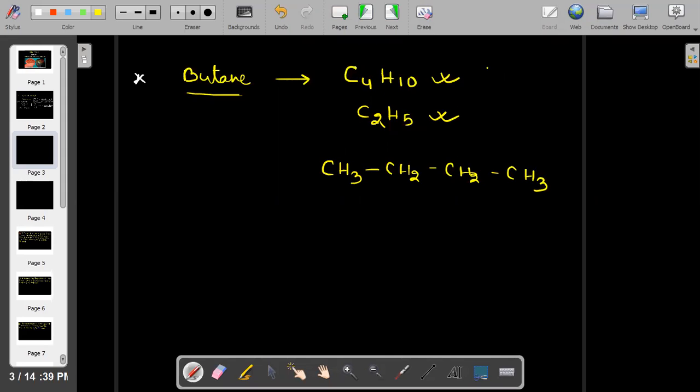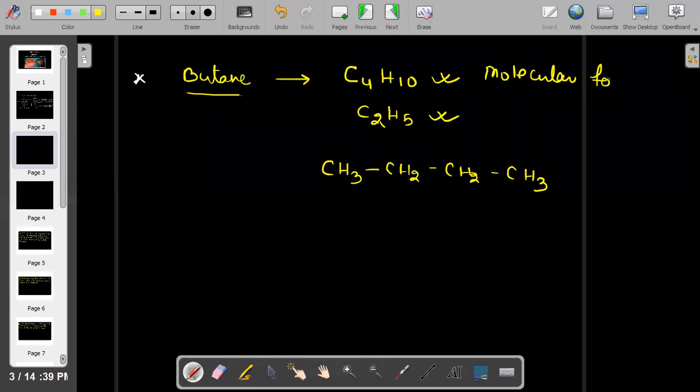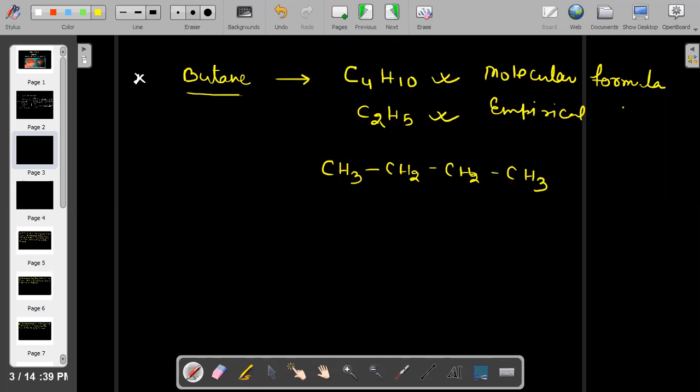So this is called molecular formula, this one is called empirical formula, and this one is called structural formula. I think it is completely clear what the difference is between molecular formula, empirical formula, and structural formula. Clear?